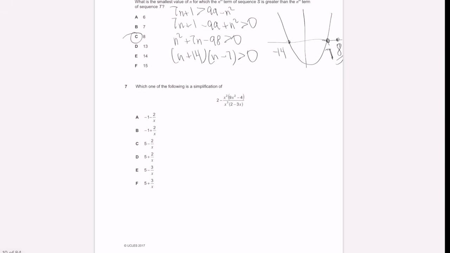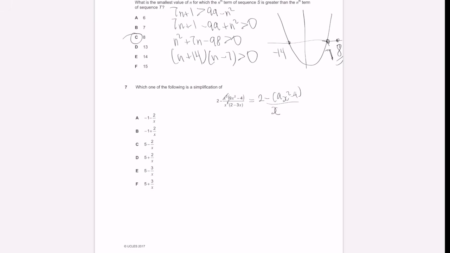Okay, question 7. Which one of the following is a simplification of the following expression? Okay, let's simplify this a little bit more. So the first thing we can do is get rid of some x's. Right, so what do we get? We get that this is equal to (2 − 9x²)... 4 over x(2 − 3x).